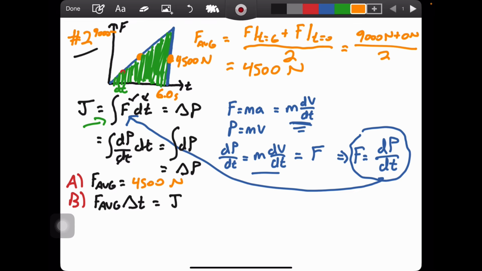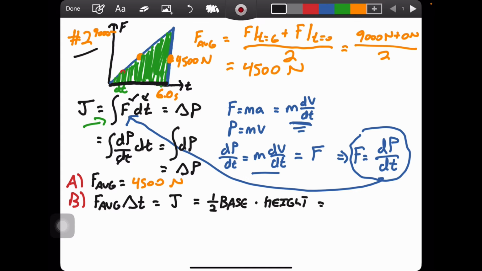So you have 1/2 your base, and then if you consider that right leg the base, the height of the triangle is just going to be this time duration from 0 to 6 seconds. So one way in which you can think of this is 1/2 base times height.